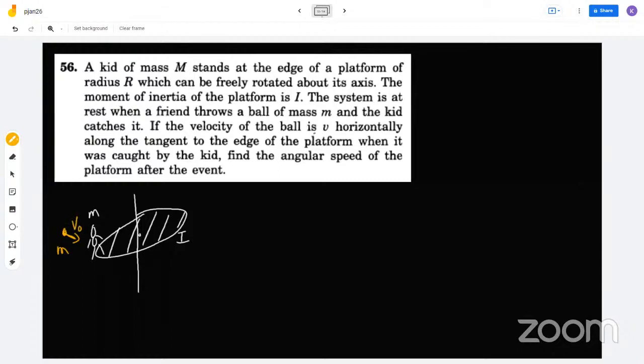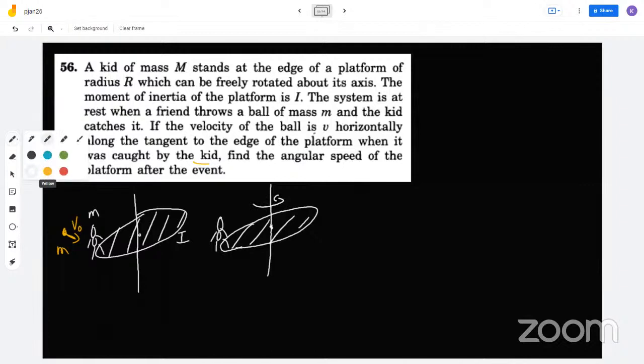The velocity of the ball is v naught horizontally along a tangent, and it was caught by the kid. Find the angular speed of the platform. Okay, combined. So the initial will be mv naught r. Initially only the ball was there, the ball was moving, and finally the kid holds the ball, and they will all move together with the common angular speed omega dash.